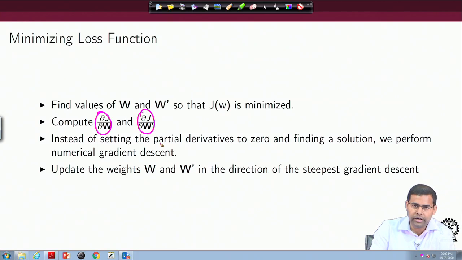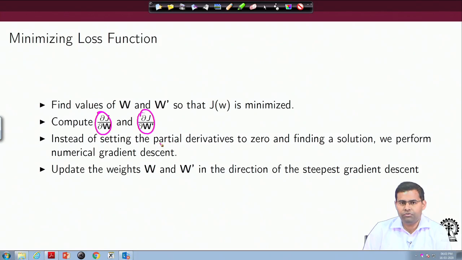So you will get some expressions. Then on those expressions, you figure out the value of those expressions for your current estimates of both w and w prime, and you get that, for my given values of w and w prime, the rate of change of the loss function is something like this.